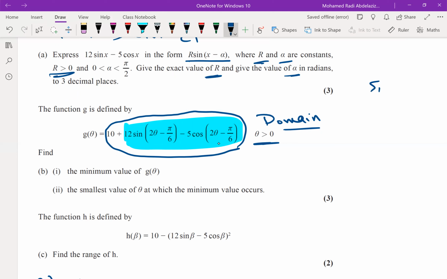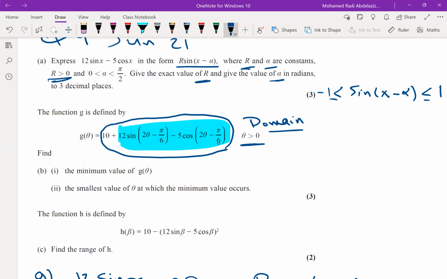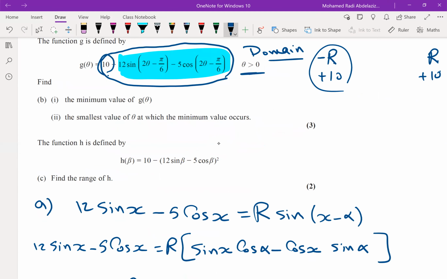If I tell you sine (x minus alpha), what is the range of this expression? Between -1 and +1. Then if we multiply it by r, the range will be from -r to +r. If we add 10 to both sides, this expression is between -r plus 10 and +r plus 10.